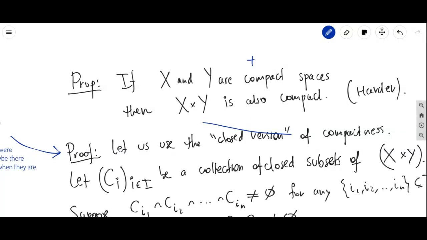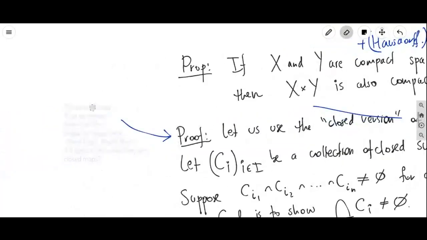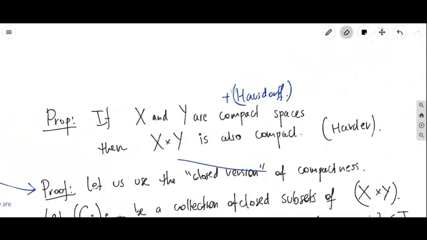The additional hypothesis is that the spaces are Hausdorff. If you add the Hausdorff condition, then it will turn out that these are closed maps and everything goes through. And as I indicated earlier, in this course, we're going to almost exclusively work with Hausdorff spaces once we get through the point set topology.